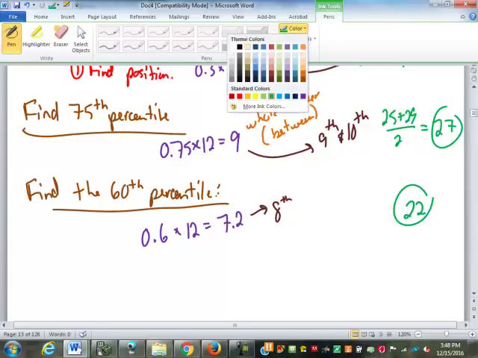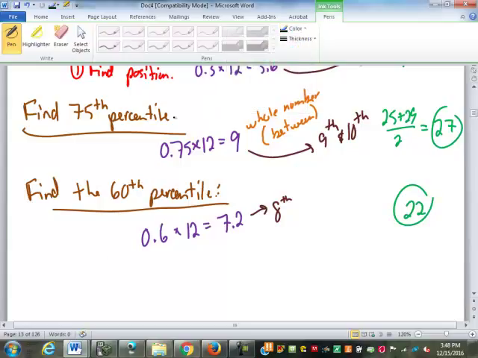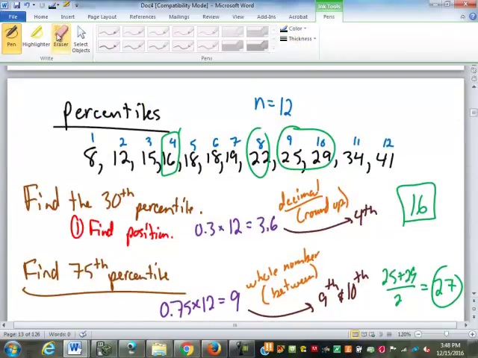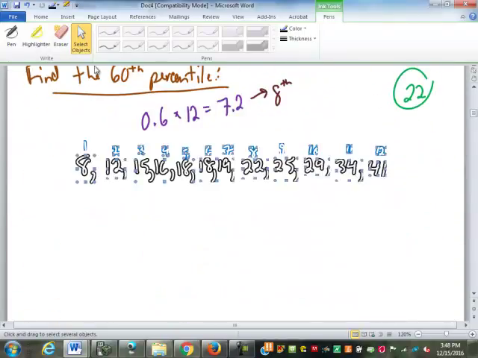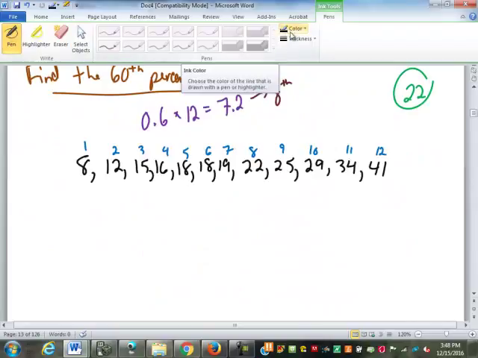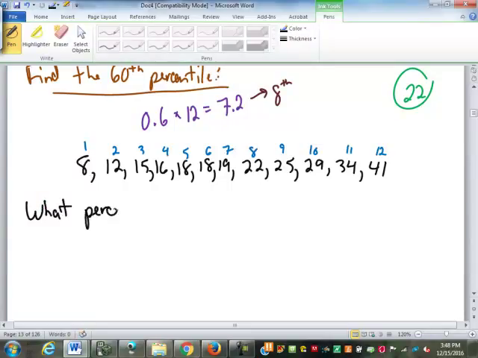So the other side of it would be, I'm going to actually bring my list down here. I might ask, what percentile is the 25?